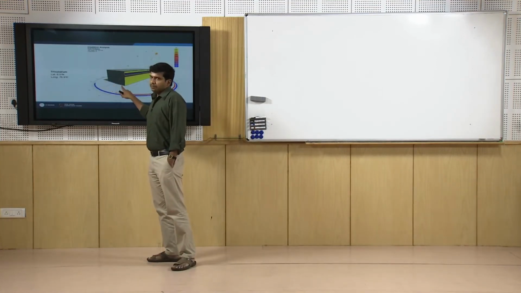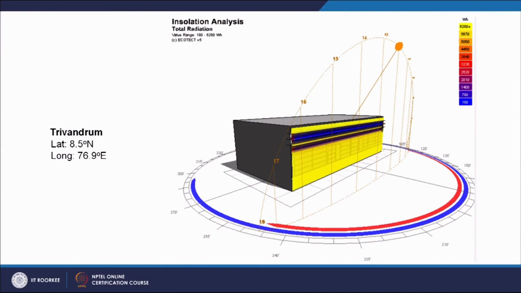Consider the case of Trivandrum, which is 8.5 degrees north latitude. This is again winter solstice. The southern sun is not as steep as you found in Srinagar, it is slightly with a higher altitude angle. Carefully look at these numbers, the total solar radiation incident on a southern facade is somewhere around 6000 watt hours.